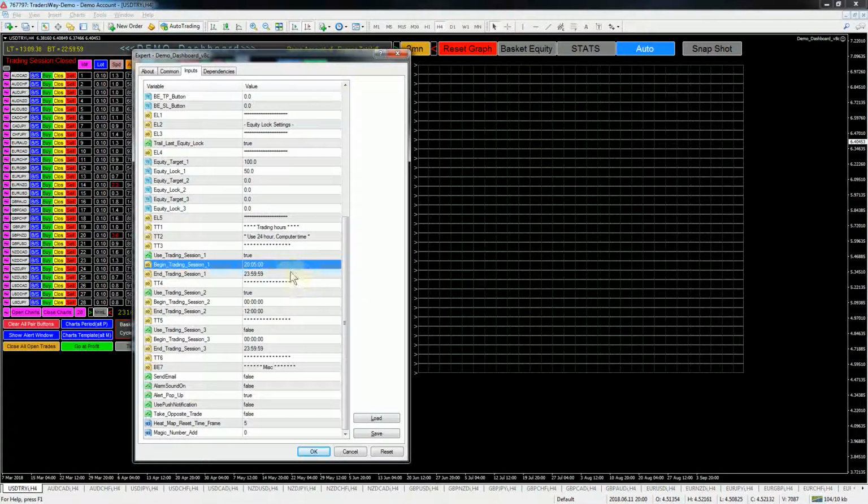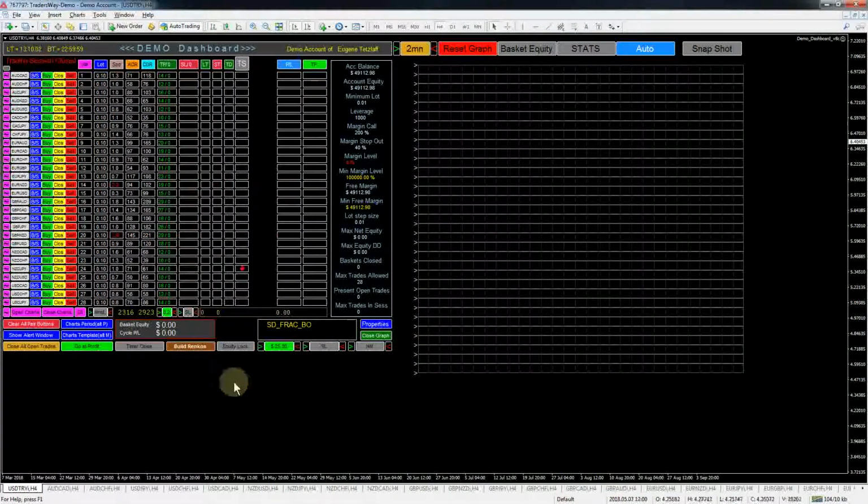So I'll be trading from say 2005 until 1200 the next day, and after that it'll be just watching the present open trades, and then the next day it'll start up again at 2005.